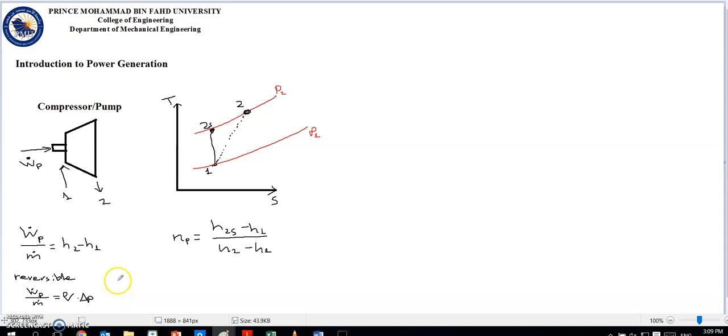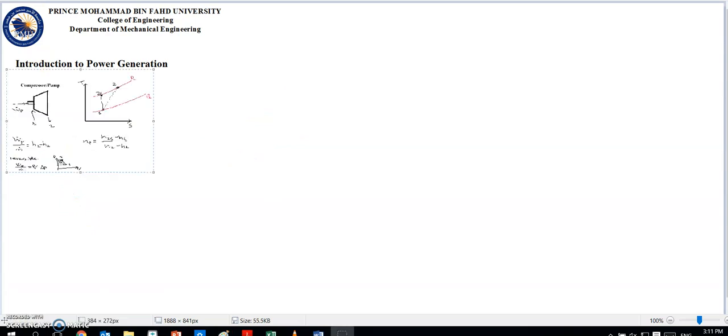Or graphically, on the PV diagram, we start from point 1 going to point 2. The work will be this area, only in the reversible case.